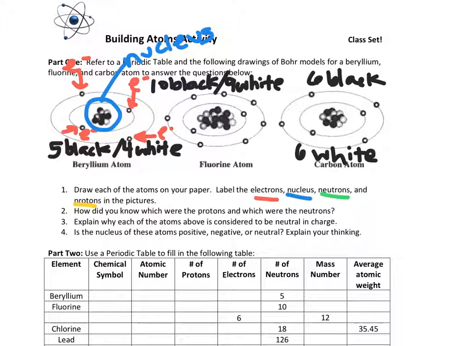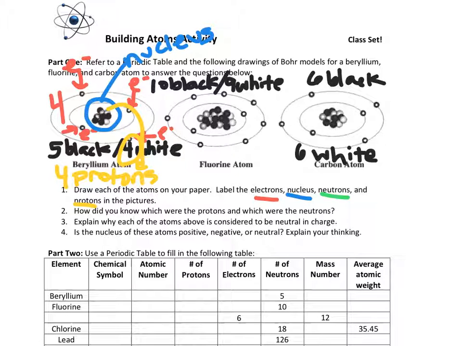So if an atom is neutral, the number of protons and electrons have to be equal. If we count up how many electrons we have, 4 electrons, that means in our nucleus, we need to have 4 protons. So the only one that matches up is our 4 white ones. So you can draw an arrow from the white ones and call those protons.